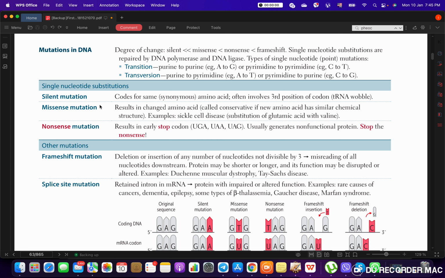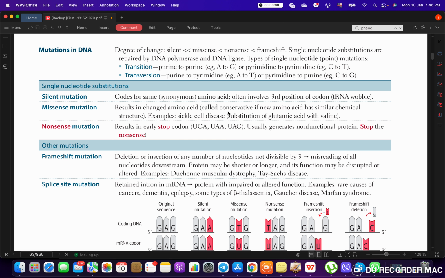So silent mutation codes for the same amino acid, often involving the third position of a nucleotide, which is called the wobble position, okay? So the next best is missense, which leads to a change in the amino acid, and we call it conservative if the new amino acid has a similar chemical structure.